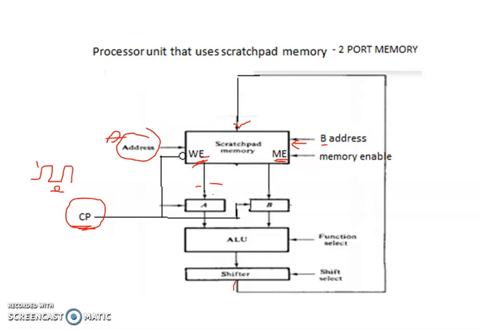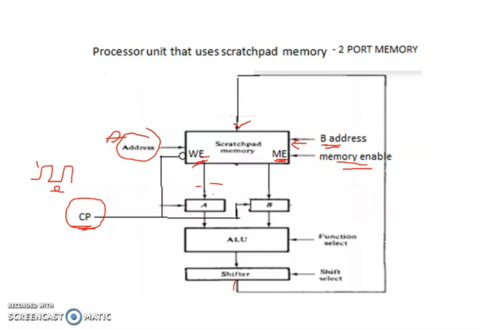The other things are the same. And one more thing, that is the memory enable, ME. The purpose of ME is that it helps in writing the data to the memory based on the address, that is the B address.